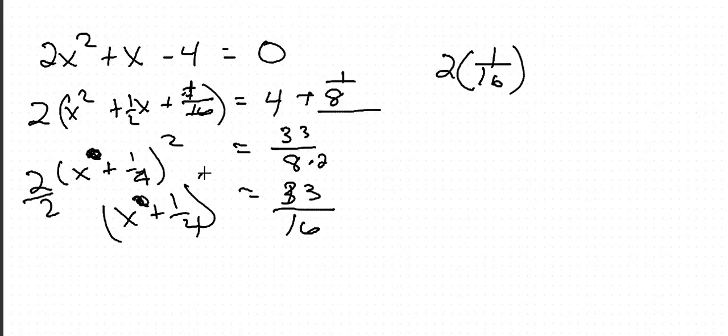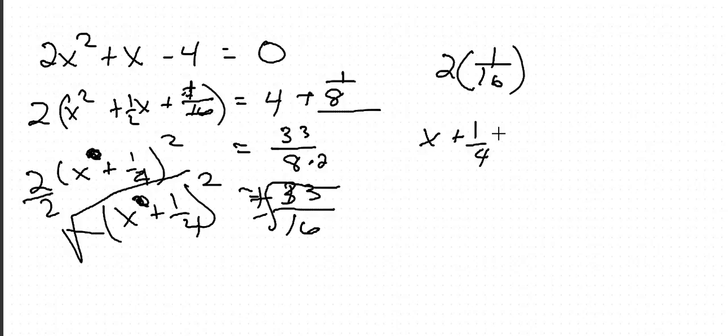I don't know why I kept on writing it there. Okay, so square root both sides. All right. X plus 1/4 equals plus or minus square root of 33 over 16, sorry, over 4.